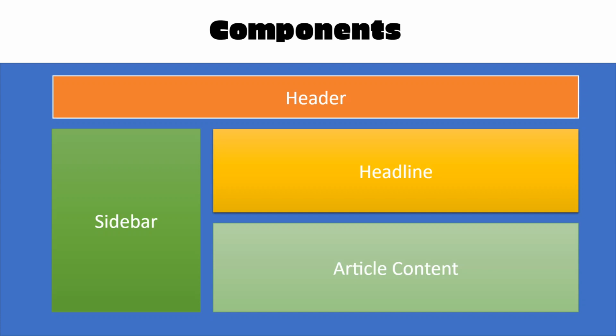Now, why is thinking like this important or useful? Well, if we split our web app or website into such components, we can build these building blocks, or these components, as contained pieces of code. We don't have to build our entire web page as one bigger picture. We can build all these tiny things on their own.